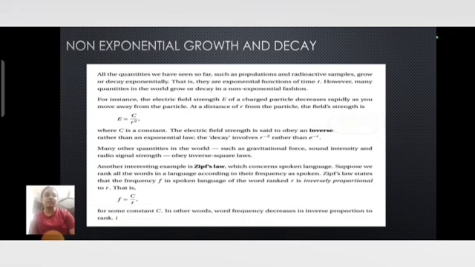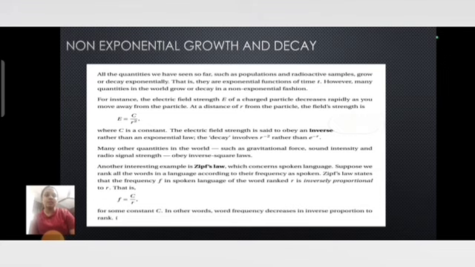At a distance r from the particle, the field strength is E is equal to c by r square, where c is a constant. The electric field strength is said to obey an inverse rather than an exponential law.